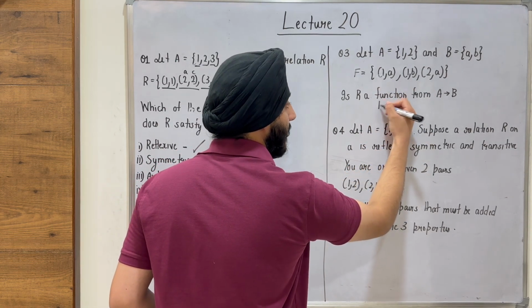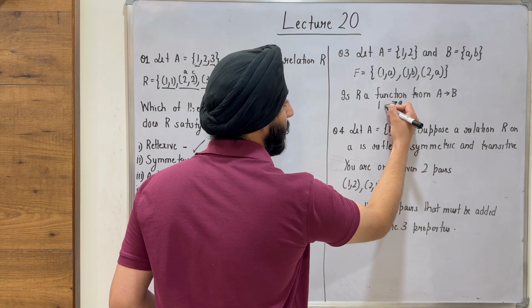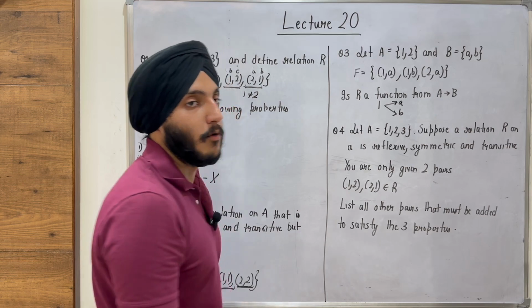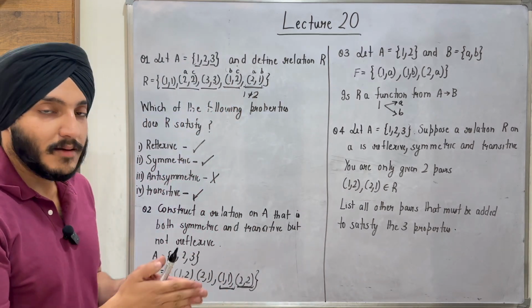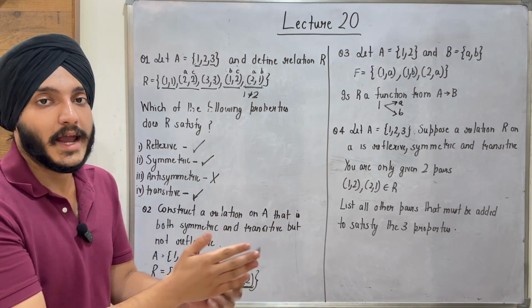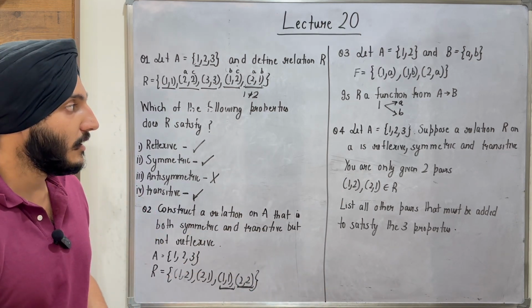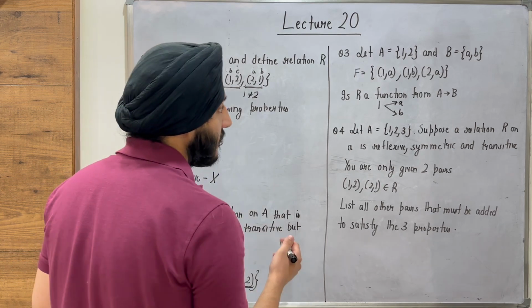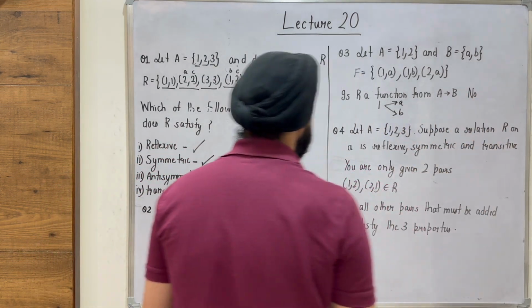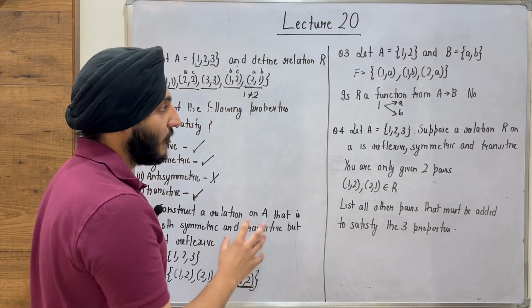So this is like 1 has an arrow to a and 1 also has an arrow to b in the function, which is not possible. In a function, one element of the domain should only point to a unique value in the codomain. It cannot point to multiple values. Okay, so I hope you were able to understand this question: is R a function, and the answer is going to be no.